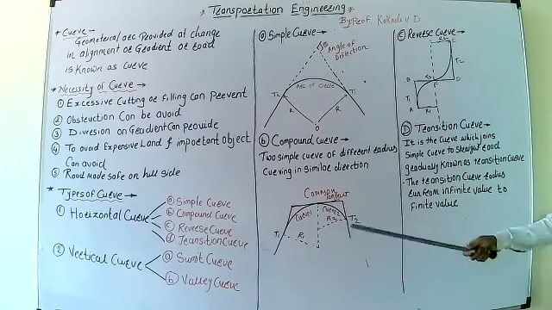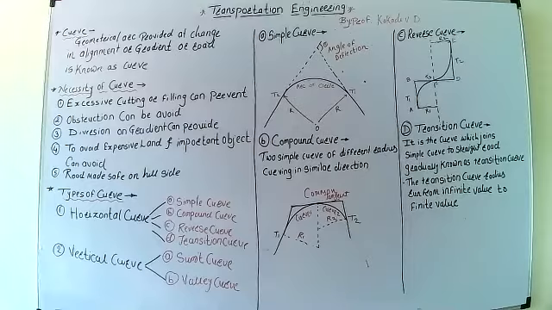The next type is the compound curve. The meaning of compound is connecting two things, or a combination of two things. Here, two curves of different radii are connected to each other.